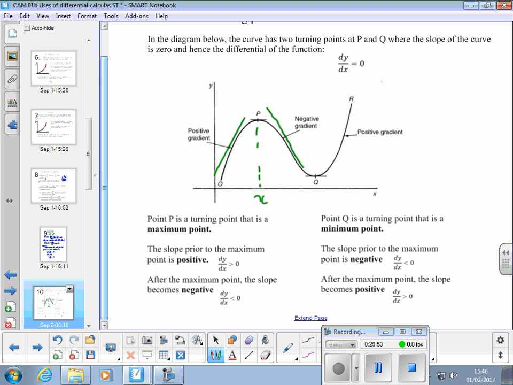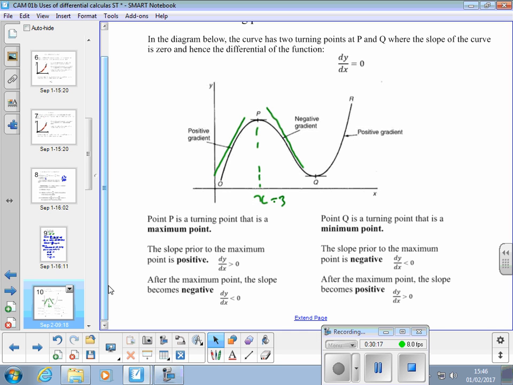Then we can look either side of x. If x is equal to 3, for instance, at that point, we could check when x is equal to 2.9 and when x is equal to 3.1, and see if the slope goes from positive to negative. Then we know we've got our local maximum.